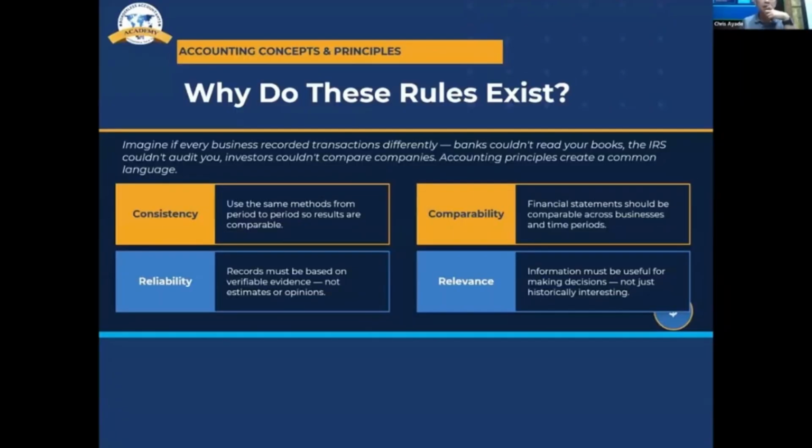So use the same methods from period to period, so results are comparable, right? So if there is an asset, a same type of asset, you depreciate that asset. Say, for example, we'll apply that in US tax. If there is a rental property, if it's a house that's being rented, that house is depreciated 27 and a half years.